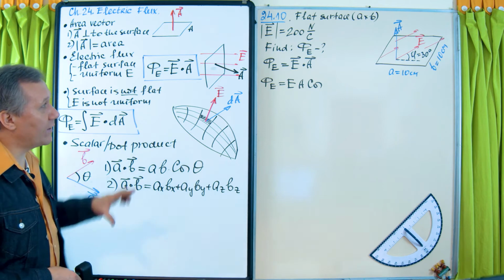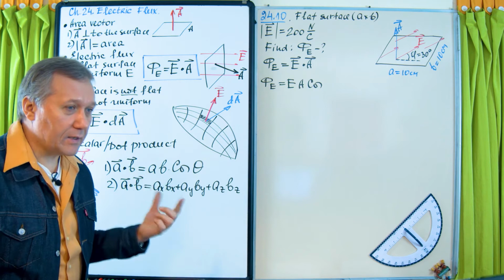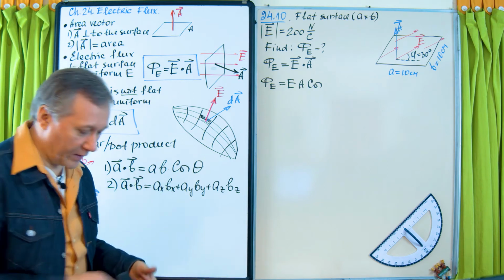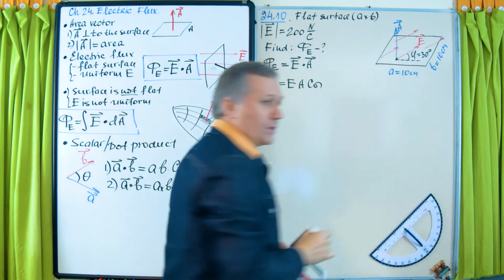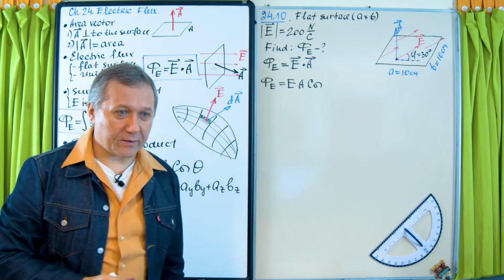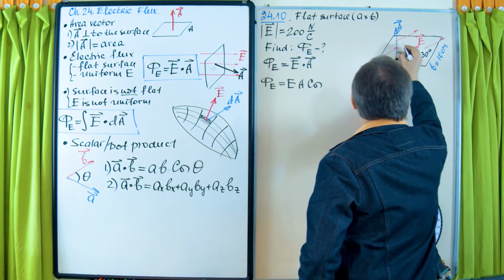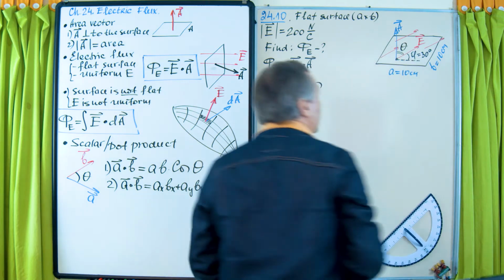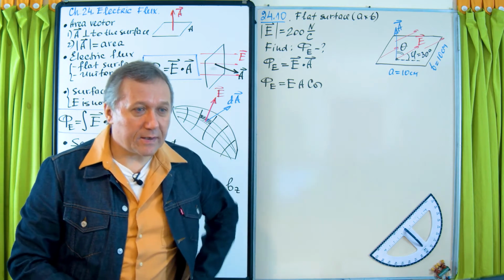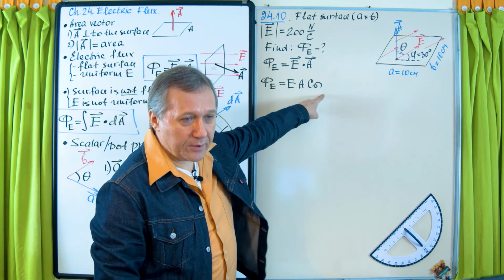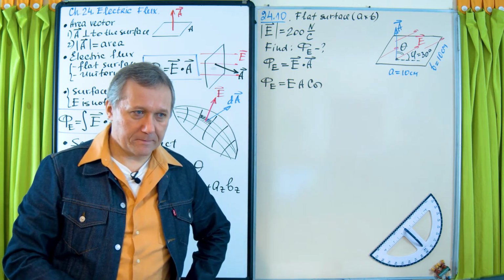You can grab one of the vectors and move it so that their tails are at the same point, but in our case, tails of A and E are already at the same point. So that's the correct configuration, and the correct angle is this one, with those two lines. That's the angle that must be used in this formula. The given angle phi is not the correct one to use.